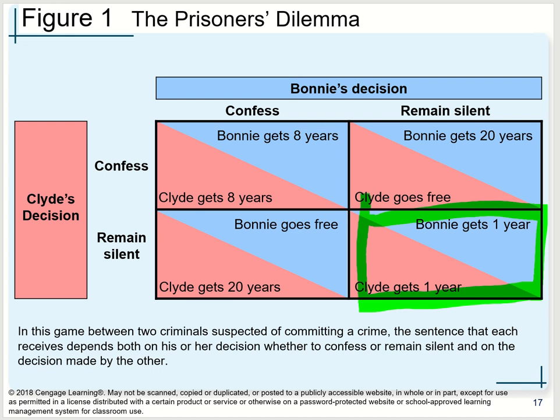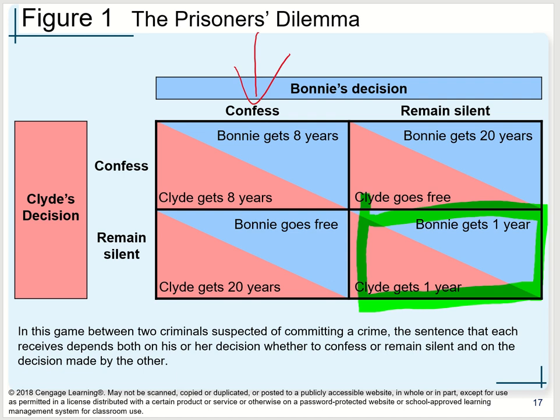Now, let's imagine, put yourself in the shoes of Clyde. You're Clyde, you've just been arrested, and your partner is in the other room, and she might or might not confess. You have a choice. What would you do? Let's look at Clyde's situation. If Bonnie decides to confess, what should Clyde do?